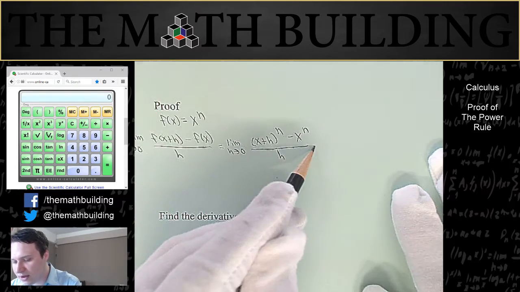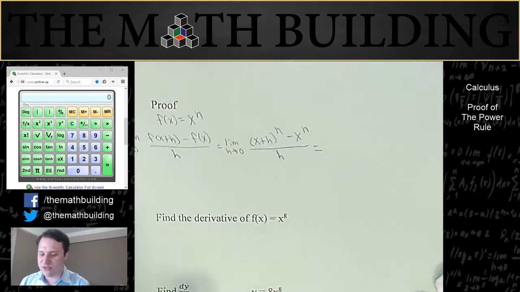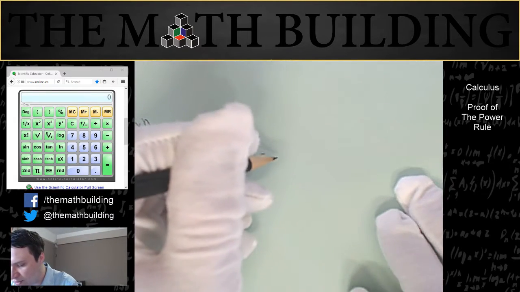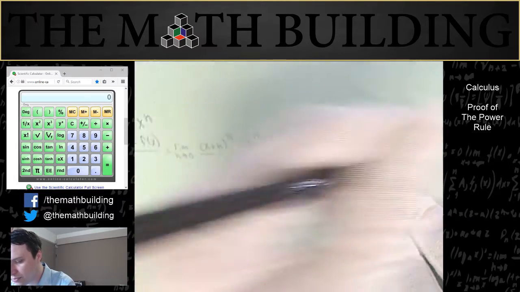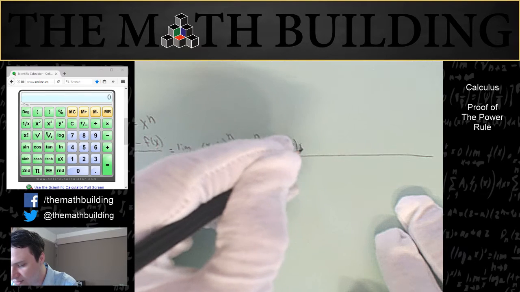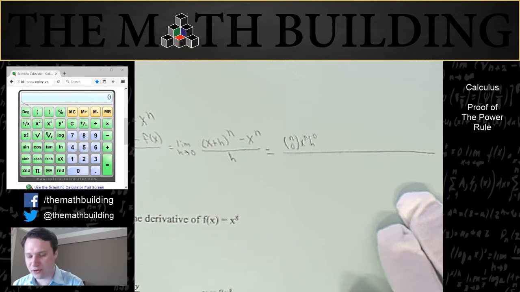Now I'm going to do something kind of tricky. I'm going to expand this with the binomial theorem. If this part's tricky, I might do a supplemental video just on this. We start with n choose 0, x to the n, h to the 0. That would be the first term.